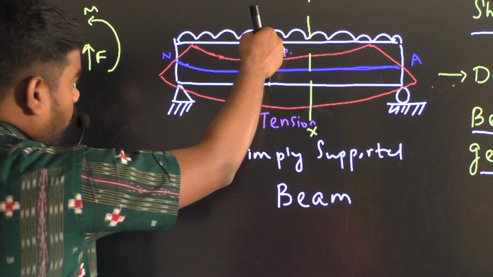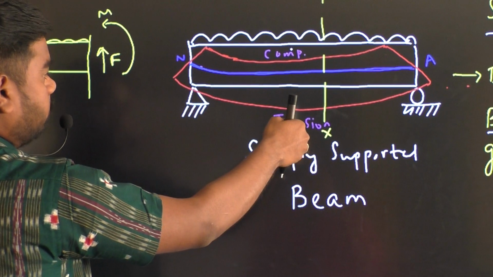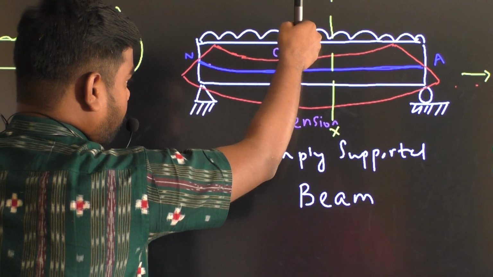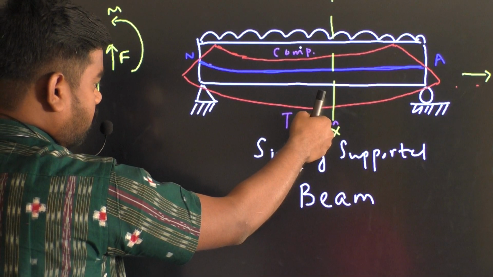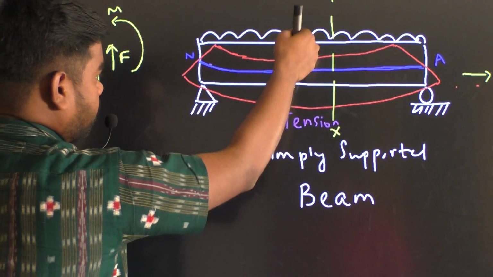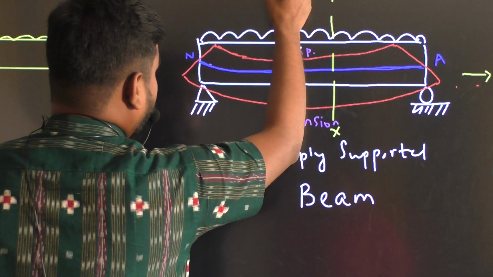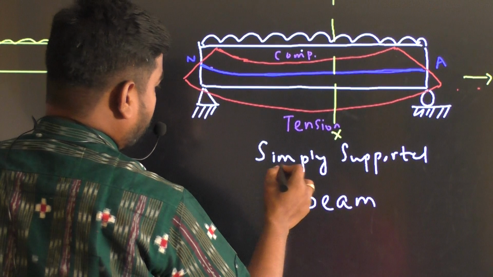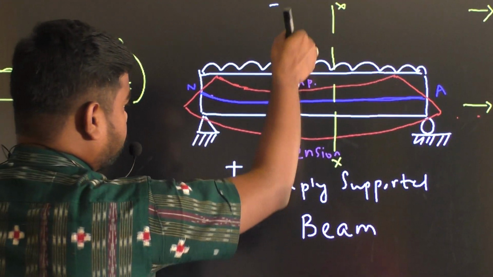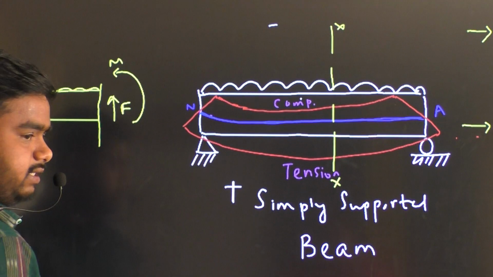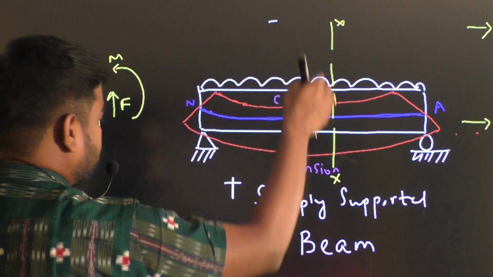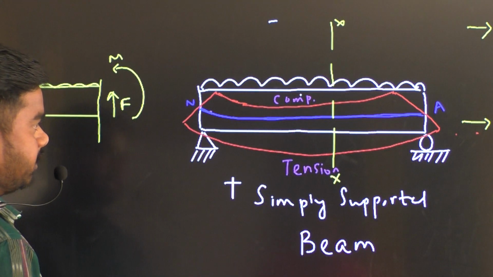So while going from top to bottom, the beam changes from compression to tension. If we denote compression with a negative symbol and tension with a positive symbol, it changes from negative at the top to positive at the bottom.